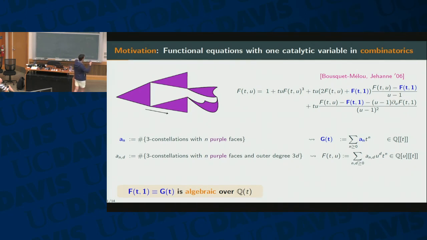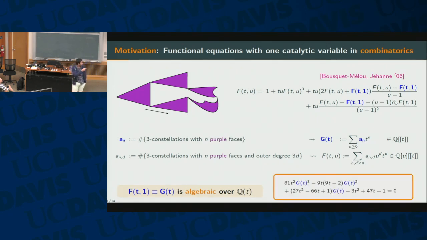What I am interested in is the nature of the series that appear in this slide. There are many results saying that this series is an algebraic function. This means that there exists a relation that annihilates the function g with polynomial coefficients in the principal variable t.